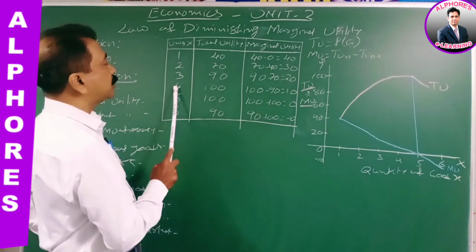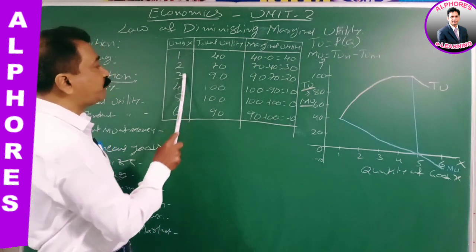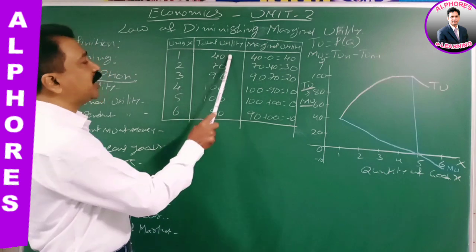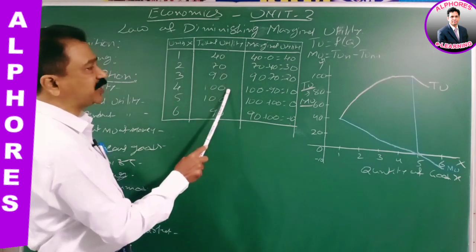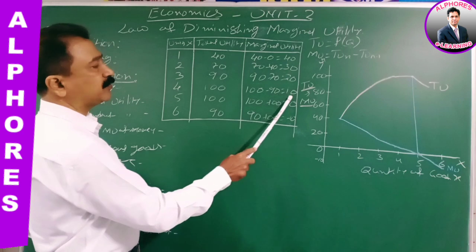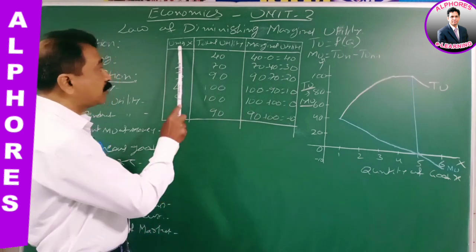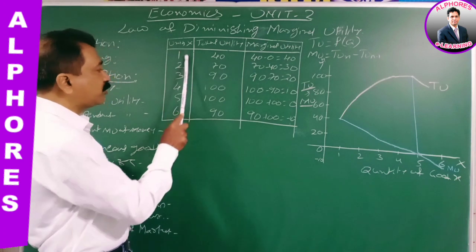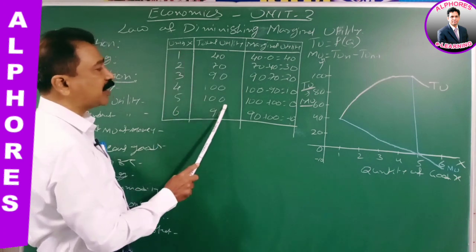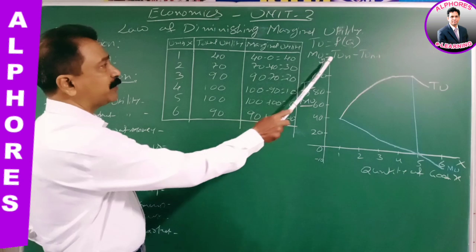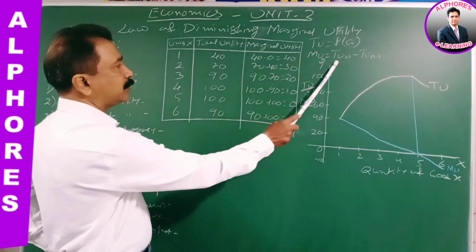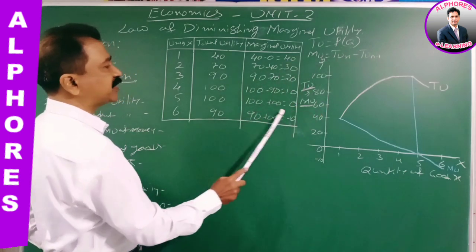And next, you consumed the fourth one. Out of 4 units, you got 100 utils of satisfaction. 100 minus 90, your marginal utility is 10. When you consume the fifth mango, out of a total of 5 mangoes, you got 100 utils of satisfaction. How do you get the marginal utility? Present one minus previous one, 100 minus 100, 0.